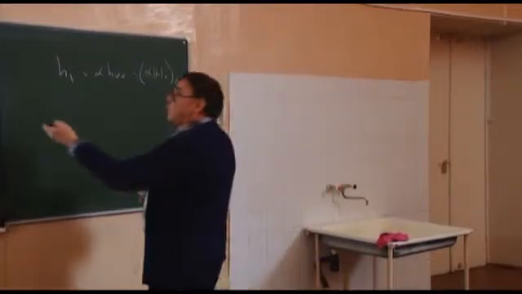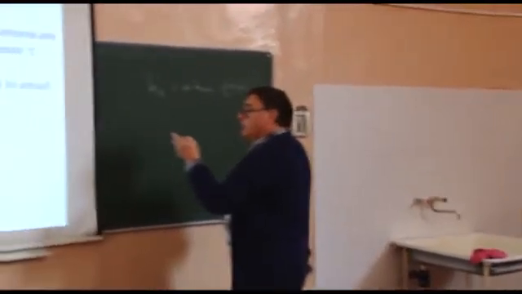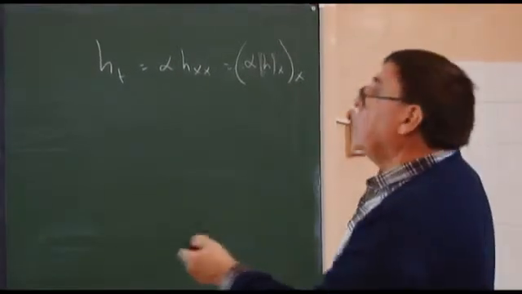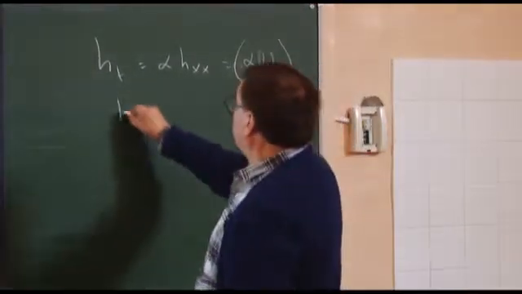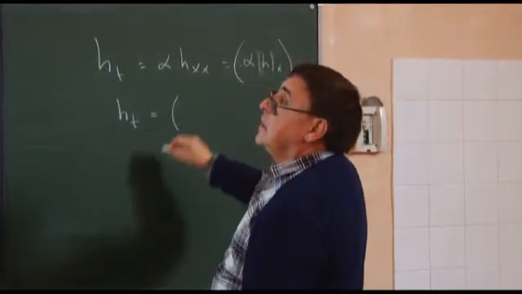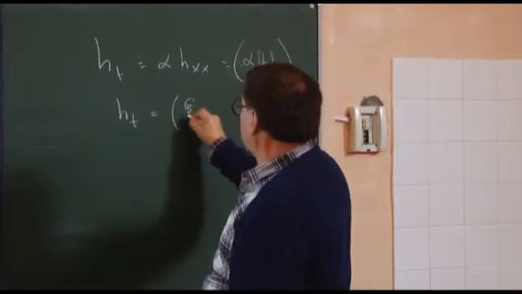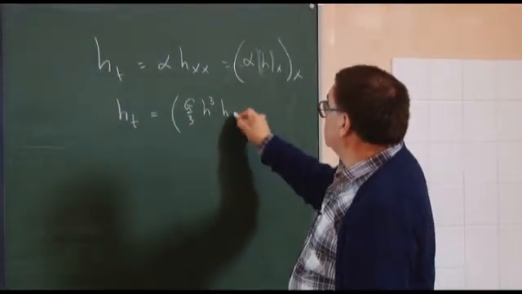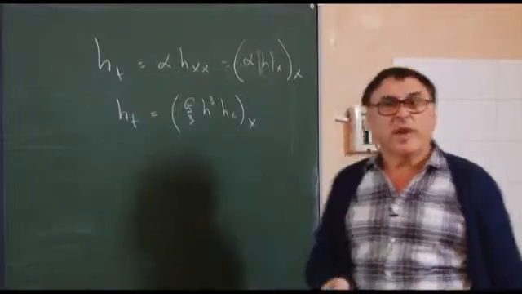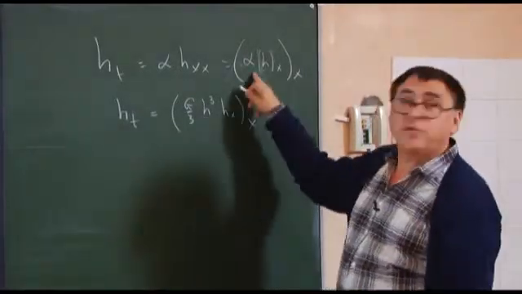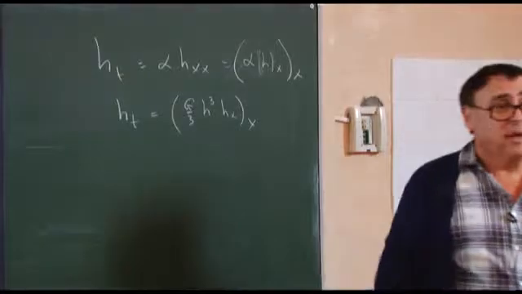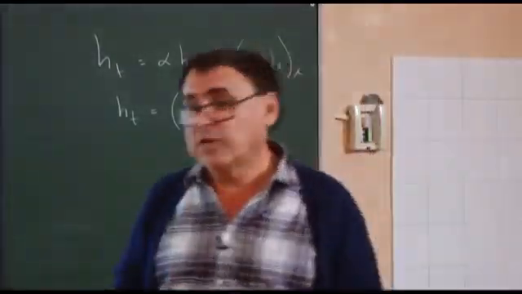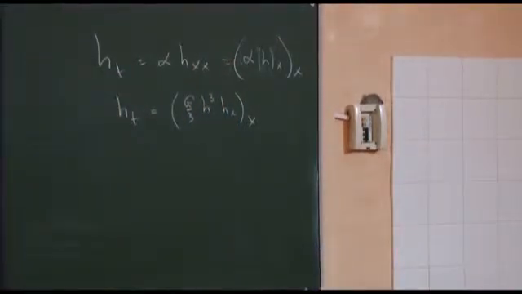Now, this equation, with this term 0, is h t equals, say, g over 3, a constant, times h cubed times h x and x. That's exactly what we have. So instead of alpha, that's a thermal conductivity, so to speak. It is nonlinear with respect to h, a nonlinear thermal conductivity. That's a nonlinear heat equation.